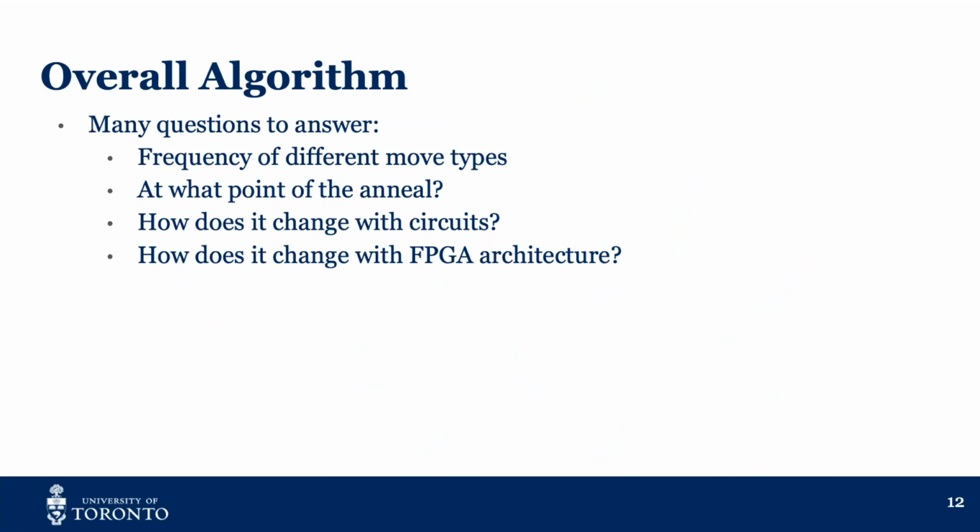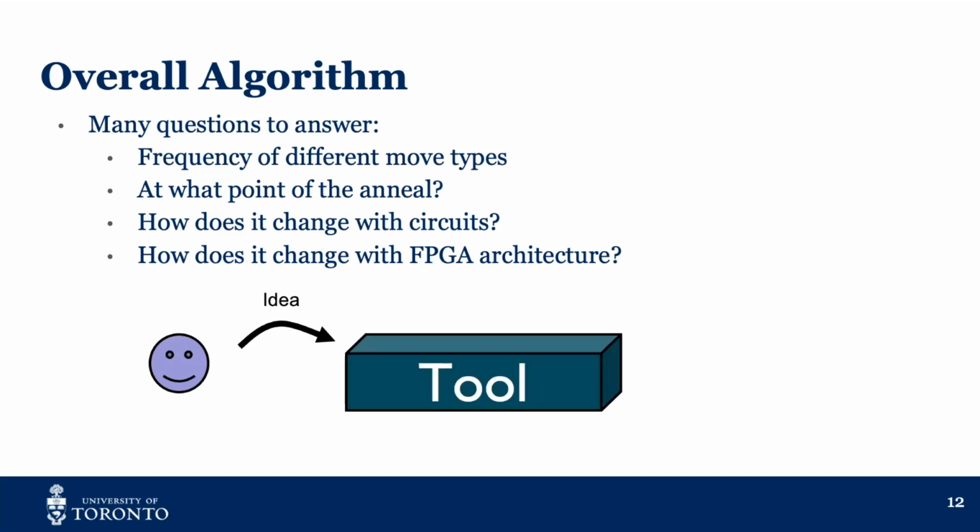To come up with this schedule, with any CAD algorithm, usually the process of implementing a CAD algorithm is starting with an idea based on some intuition of the CAD engineer, and we implement this idea into our tool and evaluate it on a bunch of benchmarks, aiming to get a good result. But usually this doesn't happen directly.